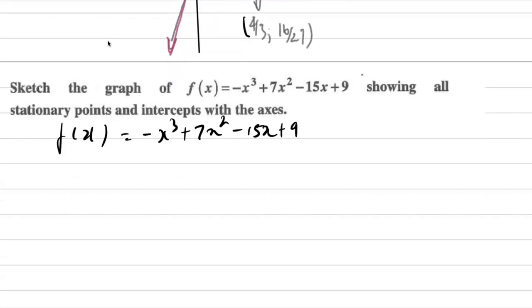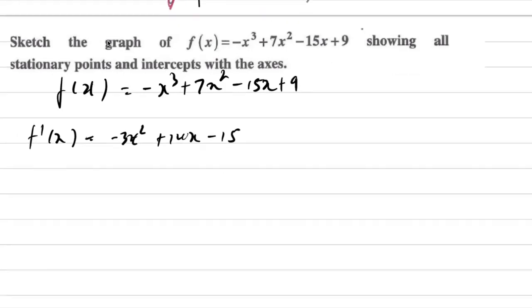Let's just confirm. I'm looking for f prime of x, which is negative 3x squared plus 14x minus 15. f prime of x is going to be 0 for a local minimum and maximum turning point.